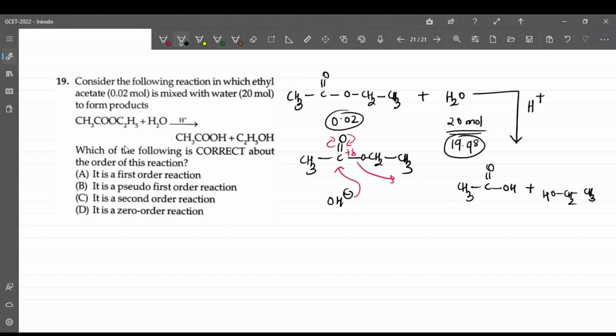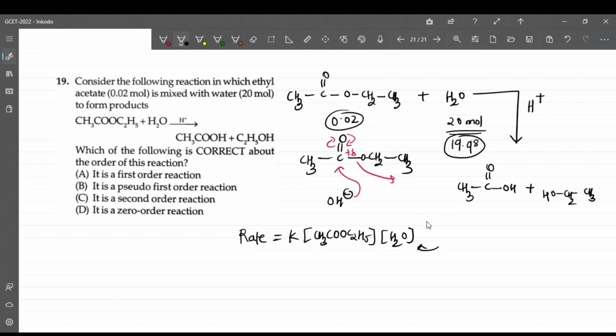Although this is a one step reaction which shows that rate is equal to k into the concentration of CH3COOC2H5 and the concentration of H2O, the concentration of water remains constant even after the reaction, 19.98, almost constant.